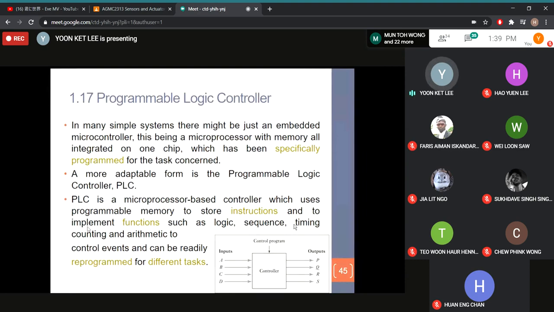Okay, and to implement functions such as logic, sequence, timing, counting, and arithmetic calculations, to control events that can be reprogrammed for different tasks. For example, this is the controller, then we need the input. Our input is our sensor. Okay, our sensor will give the information, either analog or digital, to the controller.